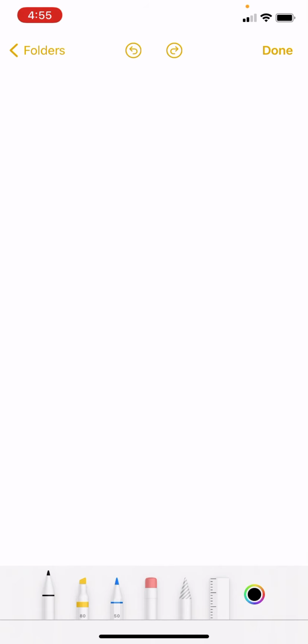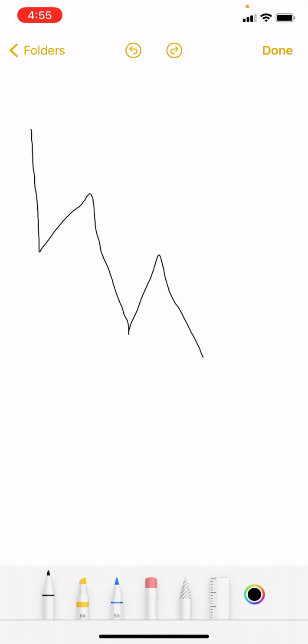Suppose now the market started falling from a higher level and then pulled back a little bit. After that, it starts again to fall and pull back. Start again to fall and pull back, and so on.